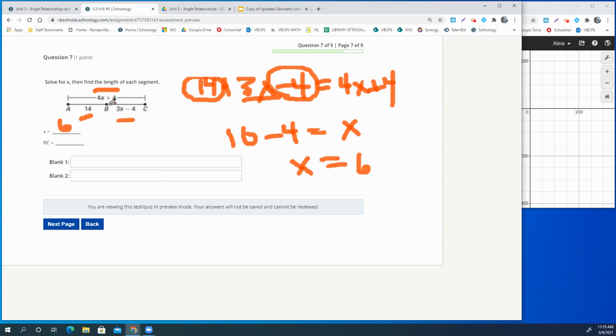How do I find BC? Yeah, so 3 times 6 minus 4 is 14. Again, with the confidence, I love it. So make sure you're substituting whatever x value you get into whatever expression you need. Okay? Questions, comments, concerns, worries?